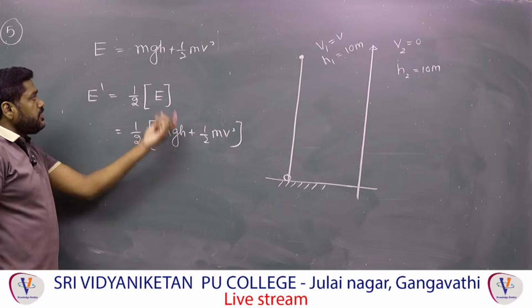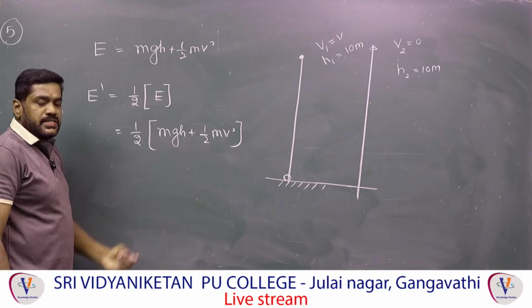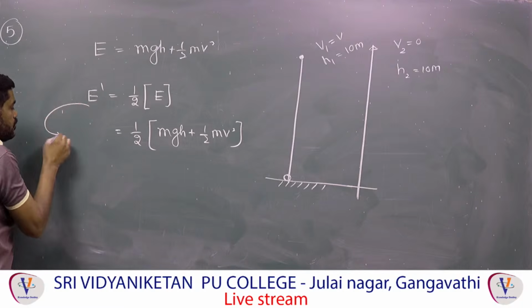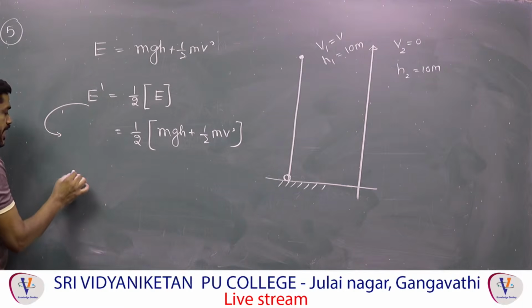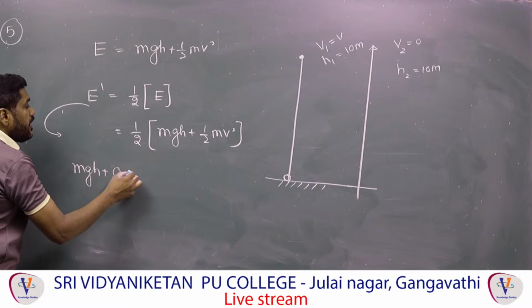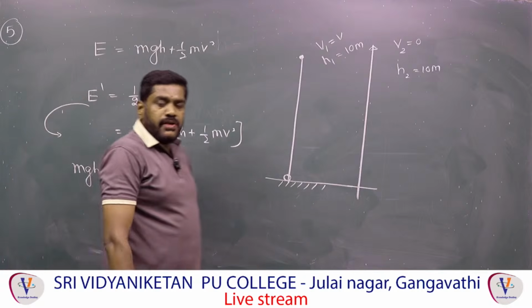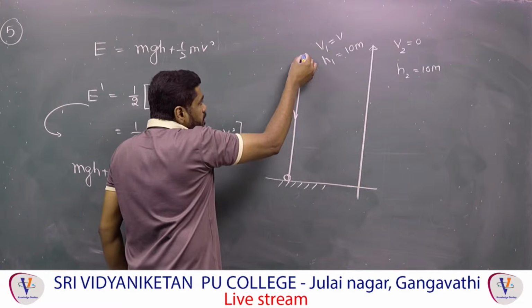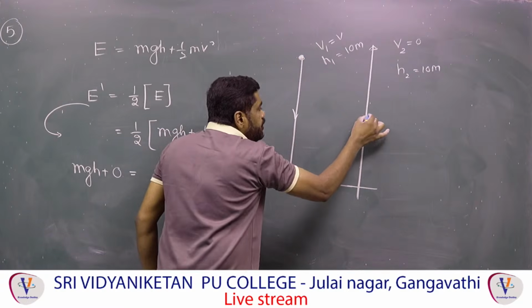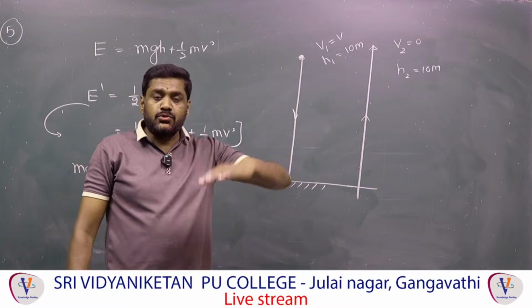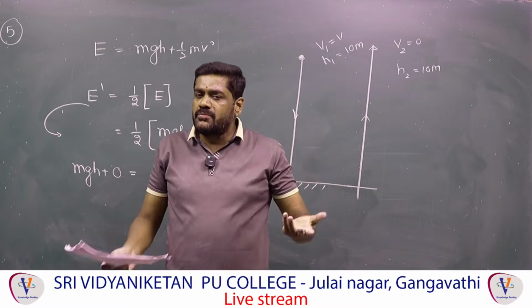Right, this is the initial energy, no? Half mgh plus half mv square. But do you know, beta, E dash is equal to how much now? In place of E dash, we are substituting mgh plus final energy, which is equal to 0. Why do we have to take 0? Because the body is coming down. While coming down, you are projecting with some velocity, but after reaching the same height, the body stops there. They said it reaches the same point, but what is the meaning of it?